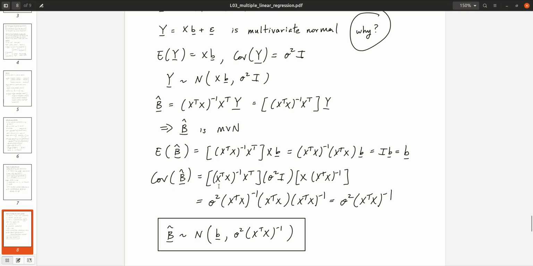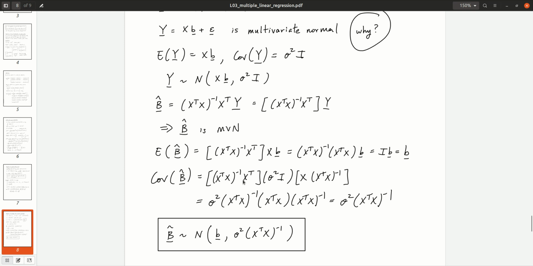Covariance matrix is going to be a few more expressions, but it's still pretty easy. So it's going to be m times sigma times m transpose. M is x transpose x inverse times x transpose. Sigma, the covariance matrix for y, is just sigma squared I. And then m transpose, we do transpose of each in reverse order.